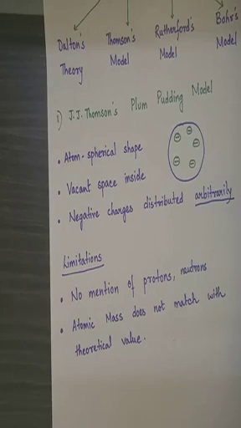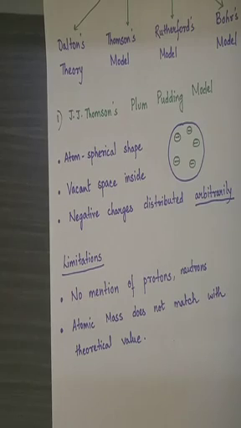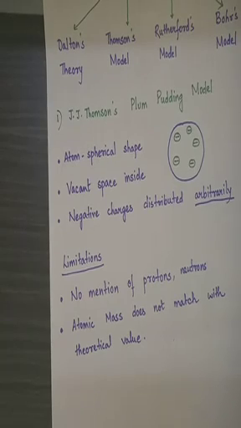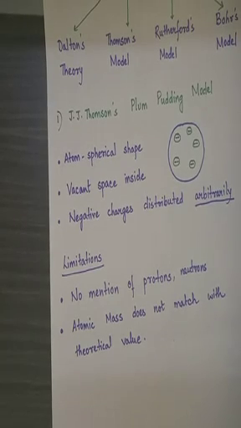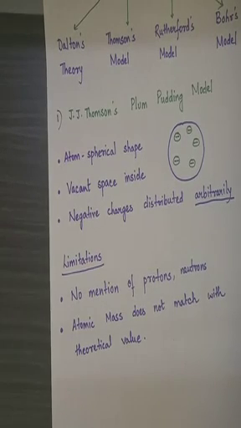So the 2 disadvantages are no mention of protons and neutrons, and a fallacy in the atomic mass calculation, that is the original experimental atomic mass was much more than the theoretical atomic mass. This is all that you need to know about Thomson's plum pudding model, the diagram, what he wanted to say about it, and what are the limitations of that model.